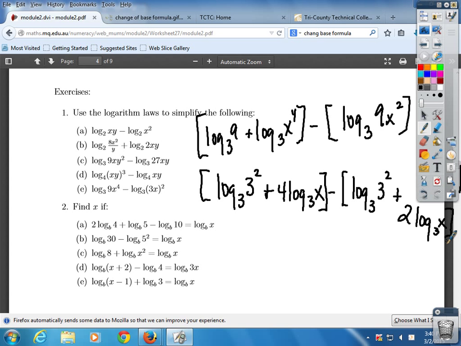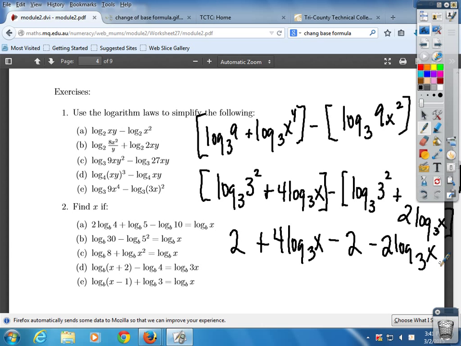Two times 1 is 2. Last time I checked, I think it was 2. 4 log base 3 of x minus 2, minus 2 log base 3 of x.